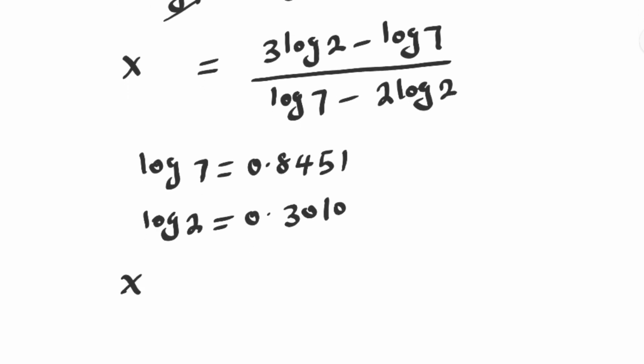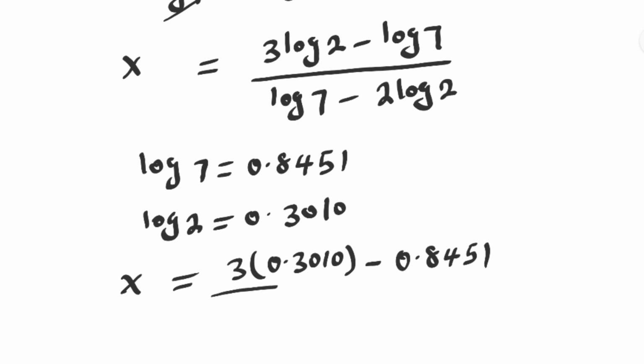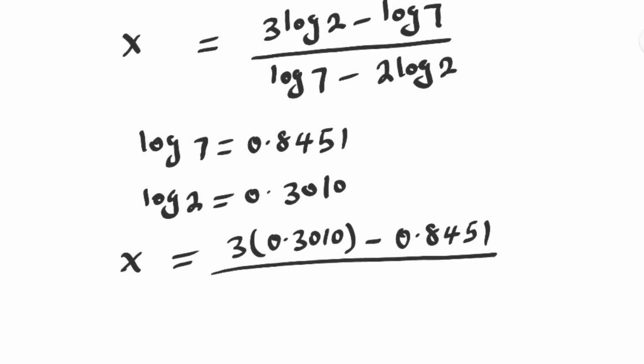Then x is equal to, then we have 3 bracket log 2 is 0.3010, close the bracket, minus log 7 is 0.8451 over log 7, that is 0.8451 minus 2 multiplied by log 2, that is 0.3010.